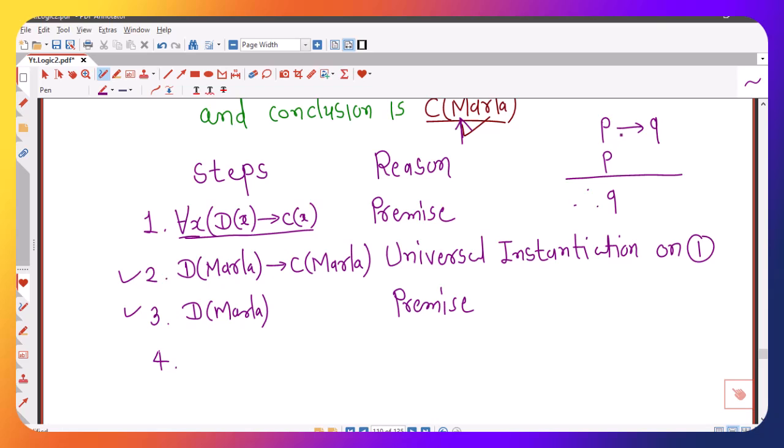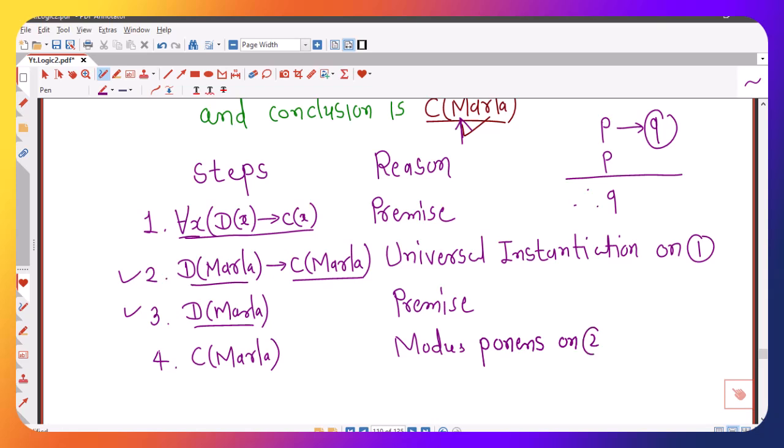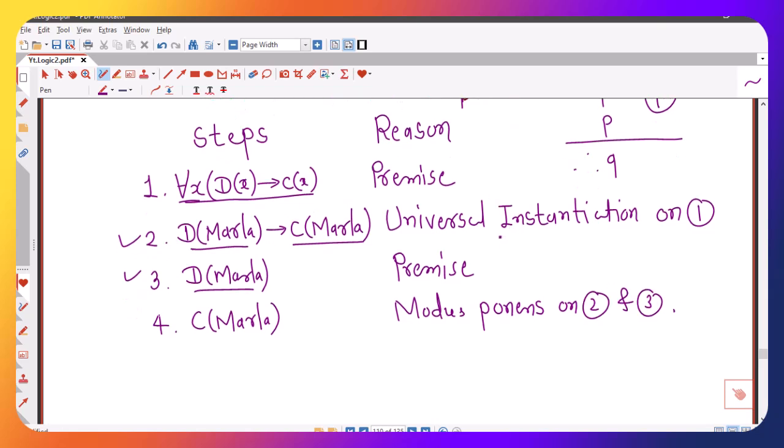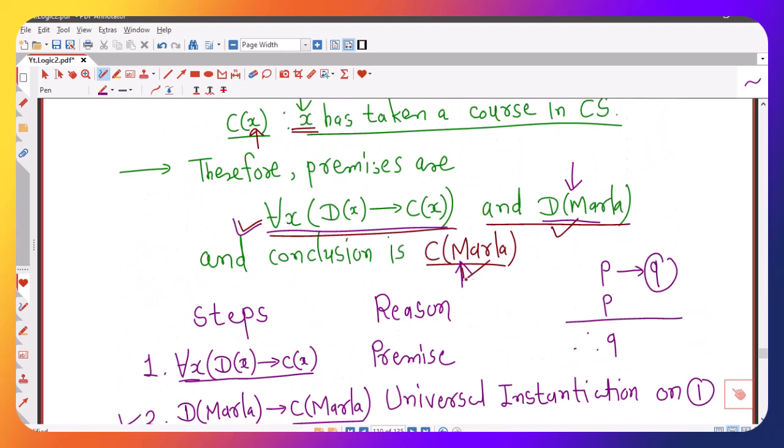If we have P implies Q and P, then we have Q. If you compare, P is D of Marla and Q is C of Marla. Therefore, using modus ponens, we arrive at the desired conclusion. I have used the rule of inference modus ponens on number 2 and 3. So we have arrived at this conclusion.